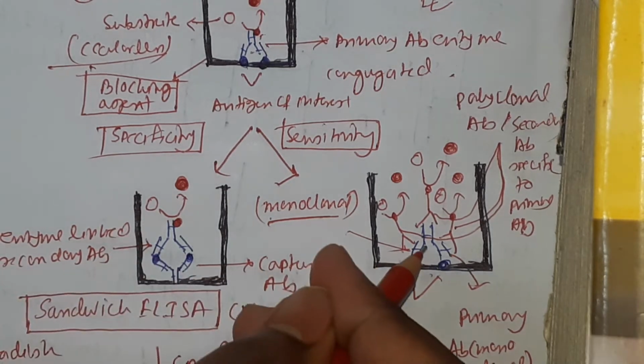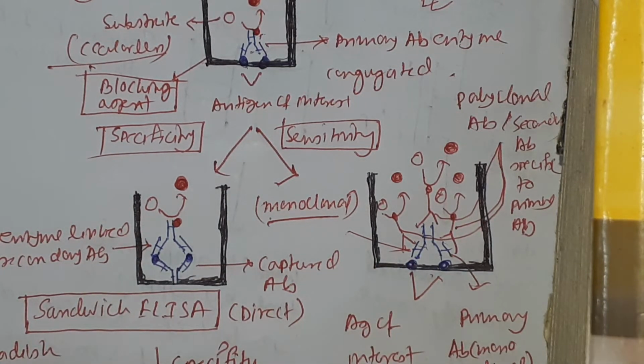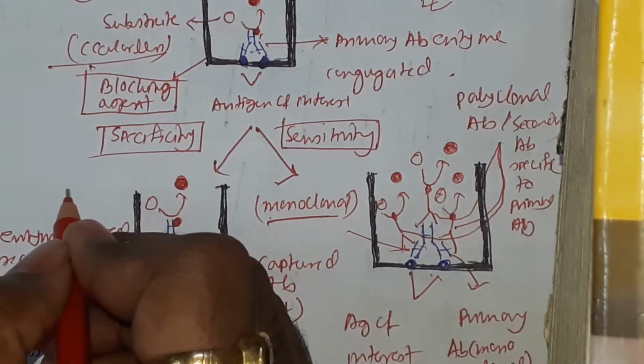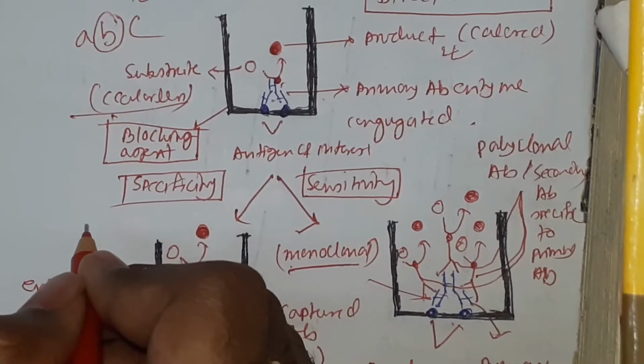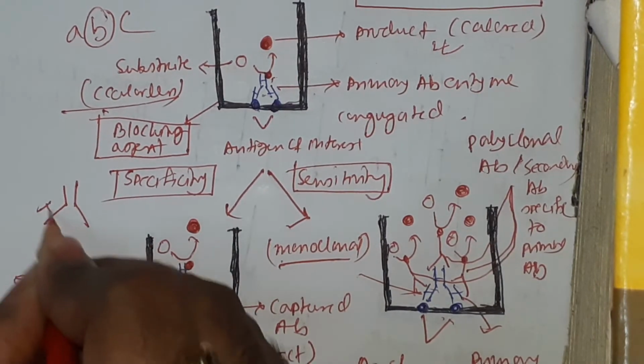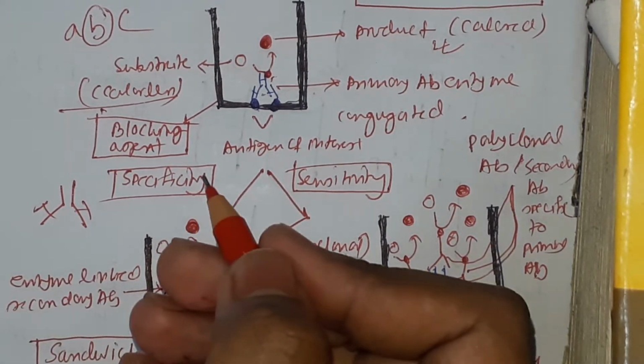Now this primary antibody is injected into another animal, and what will happen is this particular animal will produce antibody against that particular antibody. And we know that antibodies have multiple determinants.